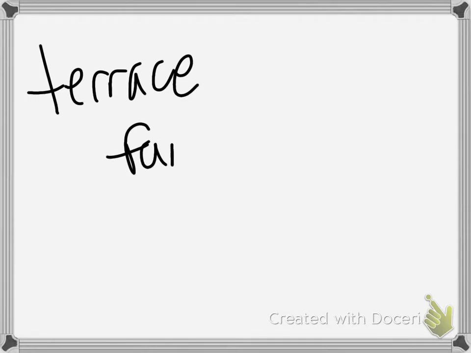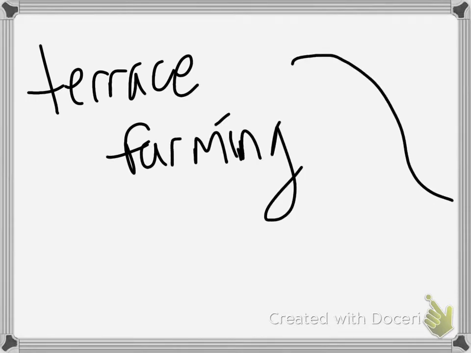You have terrace farming, where you take your hillside, instead of being just one hill, and you kind of cut it into a series of flat farming areas. It looks kind of like a staircase. So I'm going to farm here, I'm going to farm up here, farm right here.